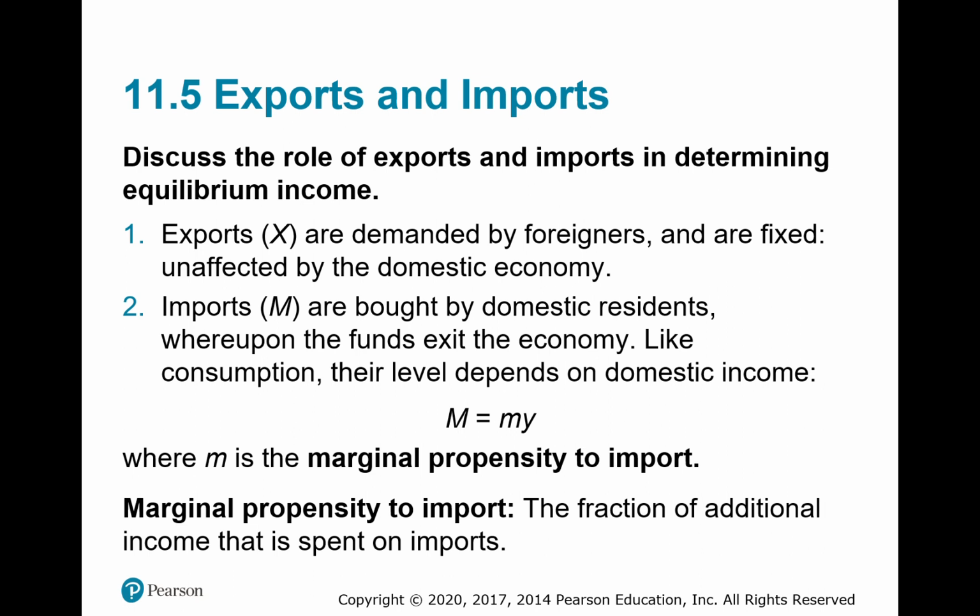Imports are bought by domestic residents, whereupon the funds leave the country and are not here. So their level depends on domestic income. So if it's marginal, we look at little m as the marginal propensity to import, the fraction of our GDP that is being imported.